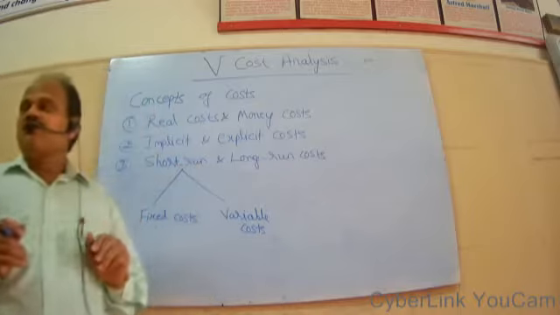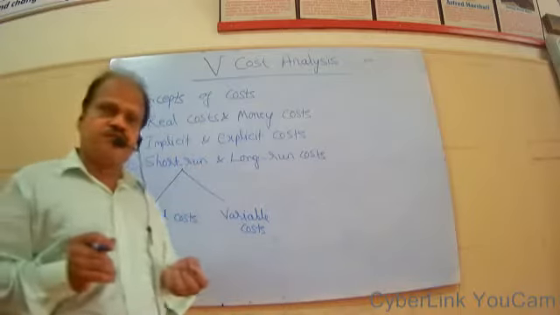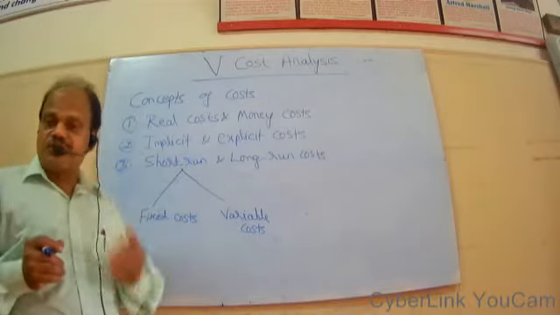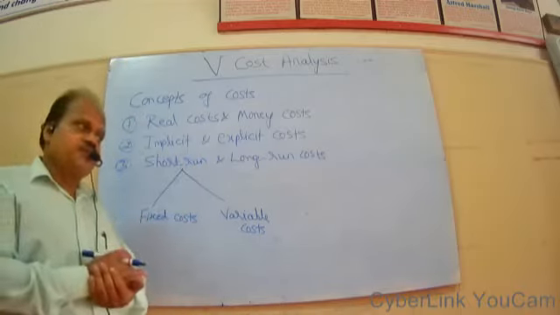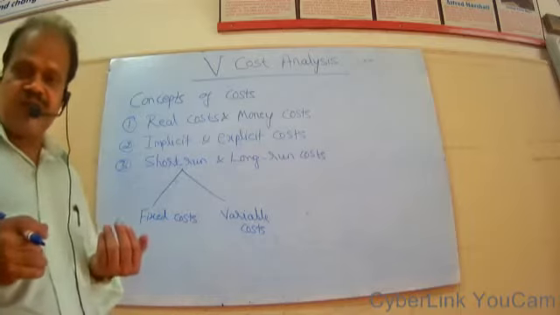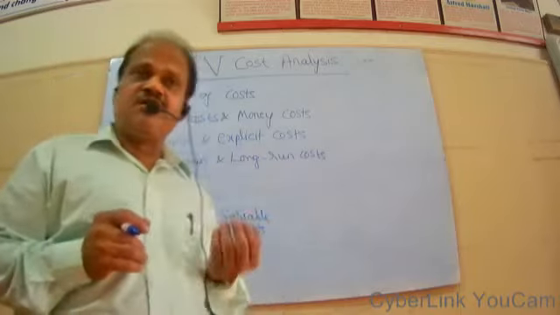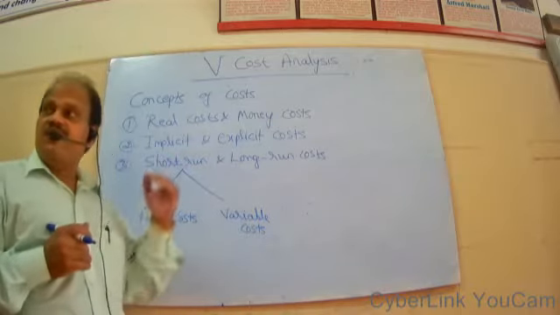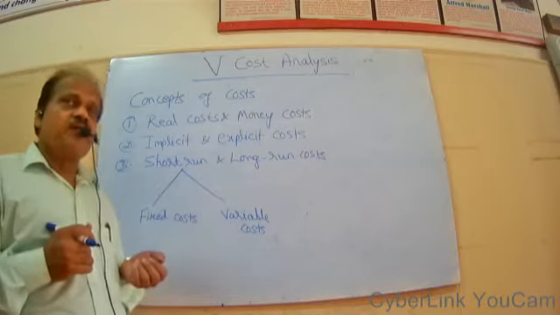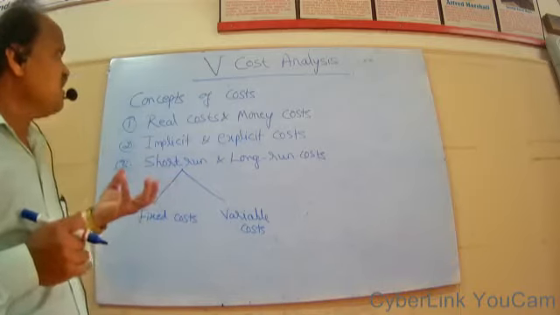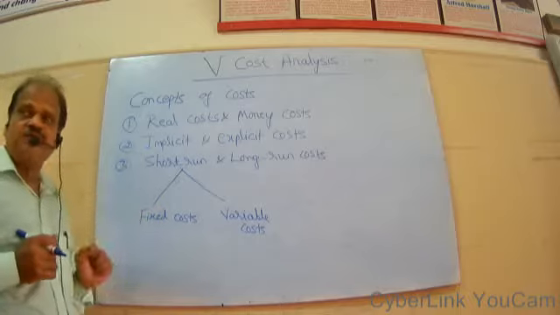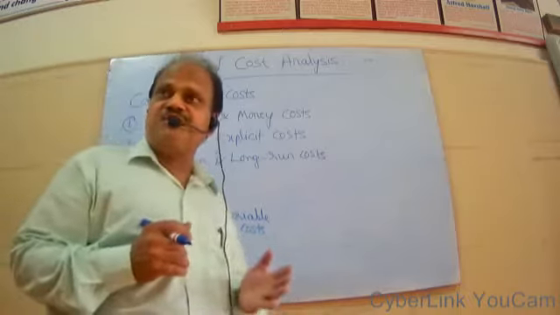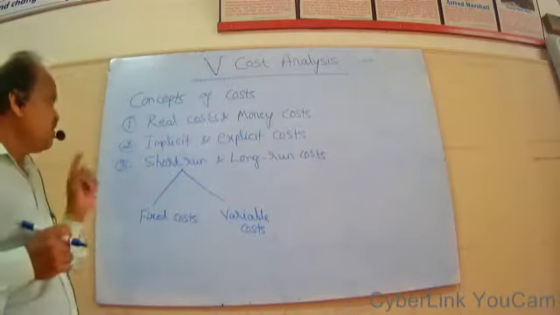Every production involves some cost of production because a producer has to make use of different inputs, including different factors of production like land, labor, capital, organization, machines, tools, equipments, buildings, etc. For all these things, he has to bear some costs. So cost of production is the expenses incurred in the production of a commodity or a service.